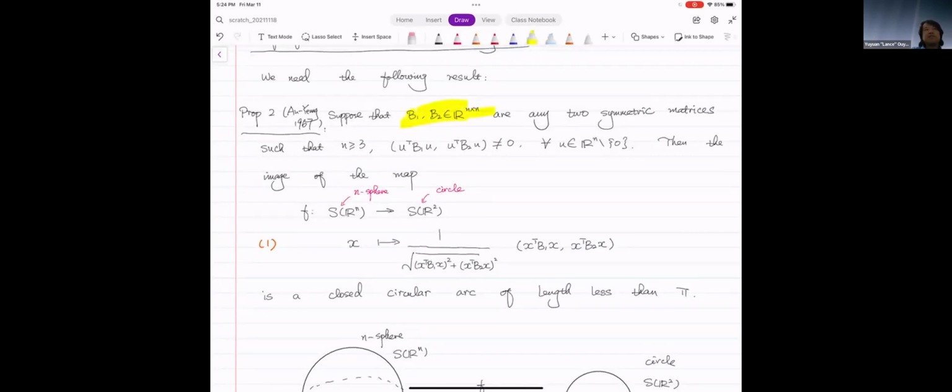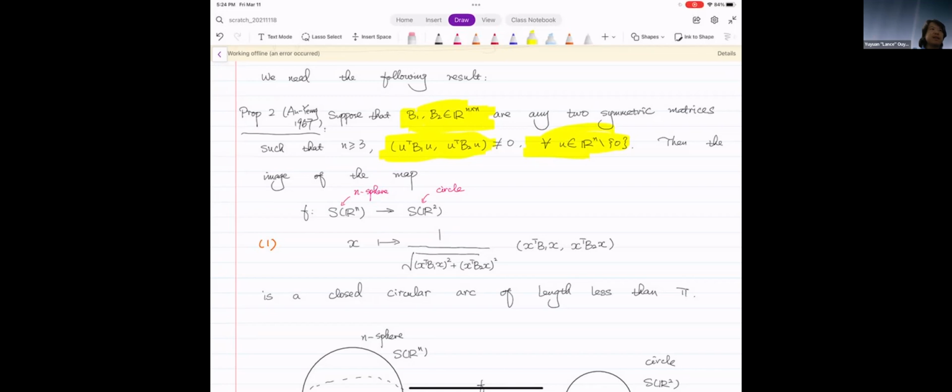So those are slightly different two symmetric matrices. And I'm going to have a requirement on those two symmetric matrices B1 and B2. I want to make sure that for any non-zero vector in Rn, U transpose B1 U and U transpose B2 U, so basically the image of any non-zero n-dimensional vector under the map described by symmetric matrices B1 and B2, is always going to be non-zero.